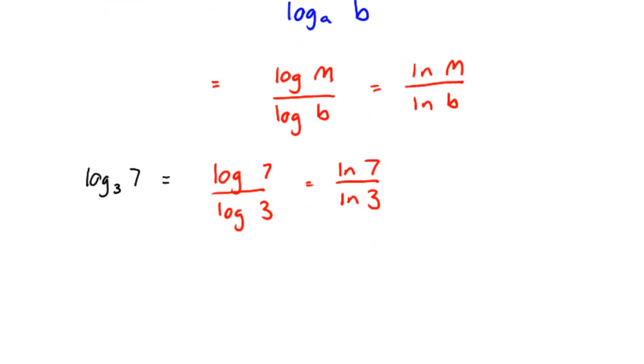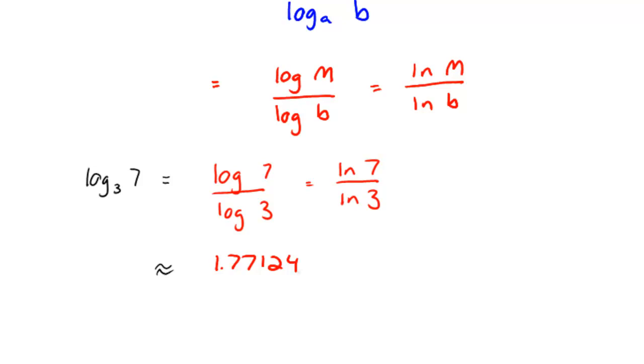And if you calculate either of these ratios, in fact, it might be a good idea to calculate both of them just to see that this really does work, then you find that the decimal approximation for this is approximately 1.77124. That's true whether or not you use the log expression or the ln expression.